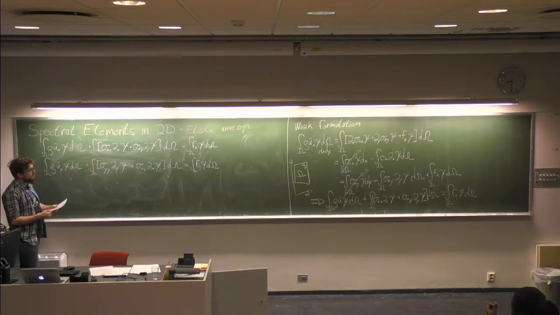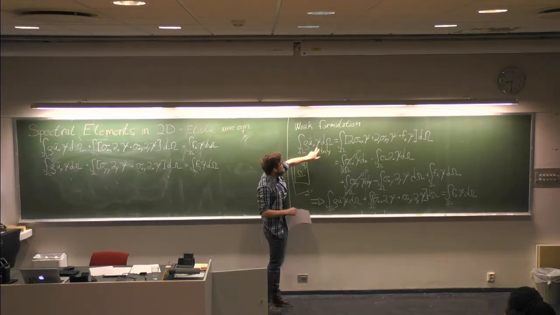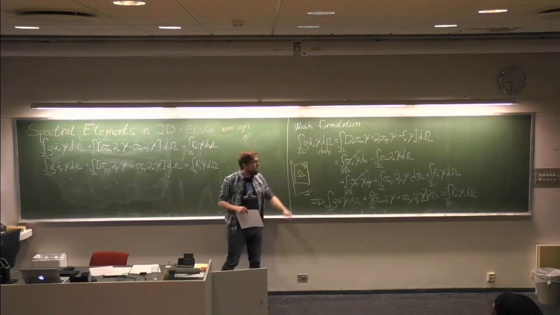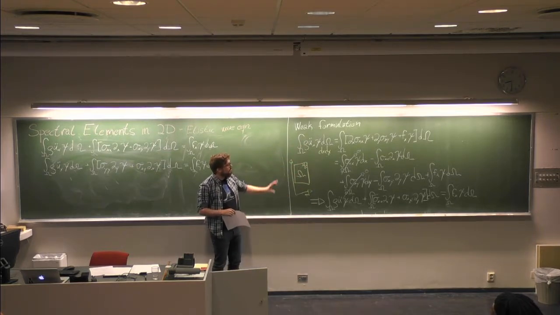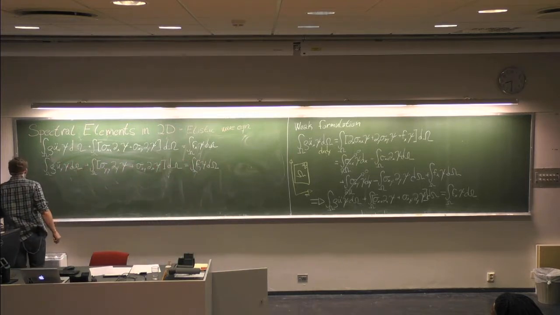So we can do the same trick with the test function and integrate over space, and do the partial integration. And then we get the following equations or weak formulations for the stresses.